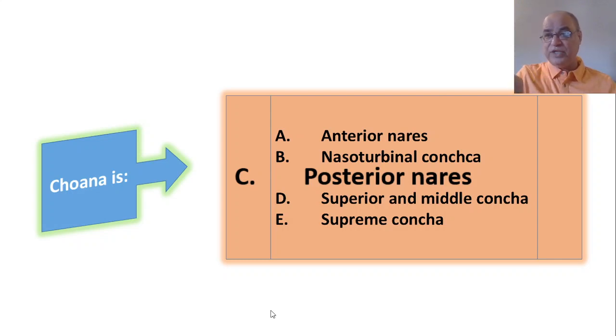There is no terminology like anterior choana, and no terminology like posterior choana. Because if we say posterior choana, choana itself means posterior opening, so we are doubling the word posterior. And anterior choana would mean anterior posterior opening. No, that will be a wrong statement. So choana is equal to what we call posterior nares.